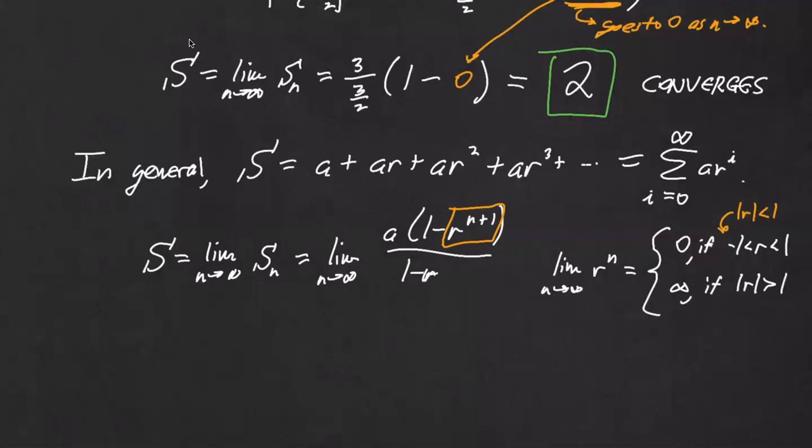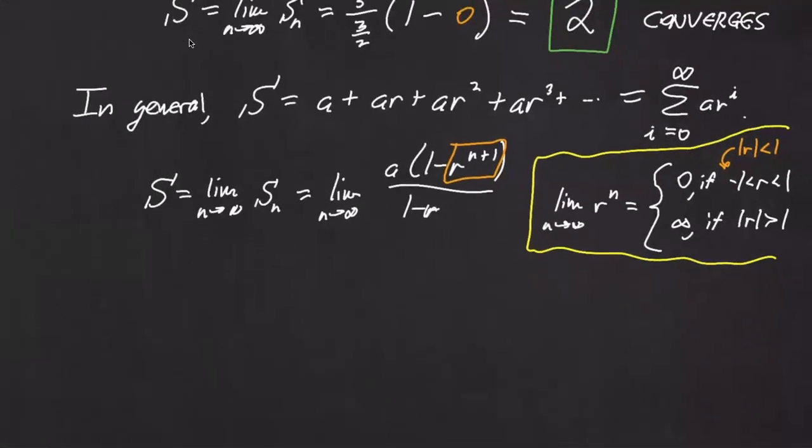So this is an important side note, because that's going to show us what's going to happen. Basically the sum from i equals 0 to infinity of a r to the i is going to be this formula, right?